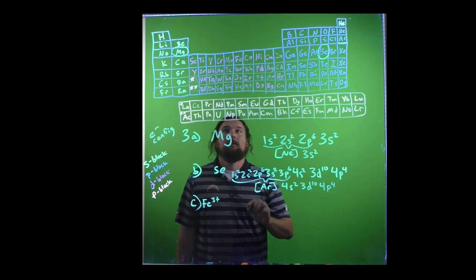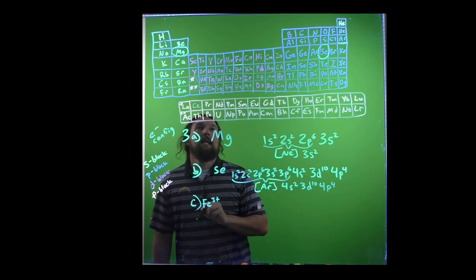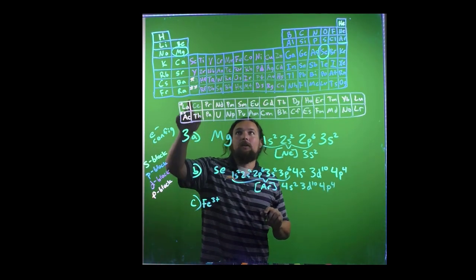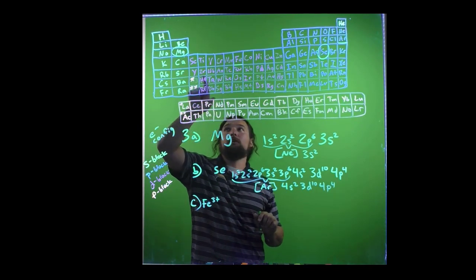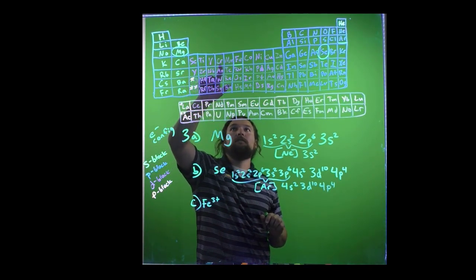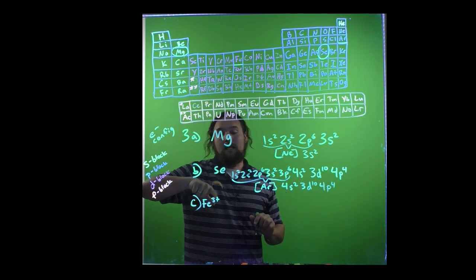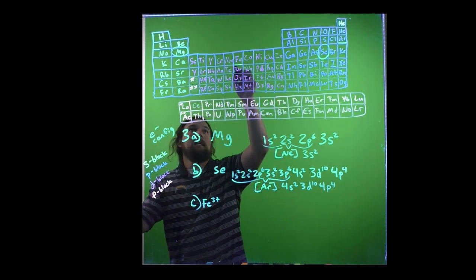So if we look at iron, iron is located right here, and if we were to do iron as a neutral atom, it would be ending in 3d, 1, 2, 3, 4, 5, 6. Now, what does that 3+ mean? That means there's 3 fewer electrons. So in fact, we would end up going back to 1, 2, 3.